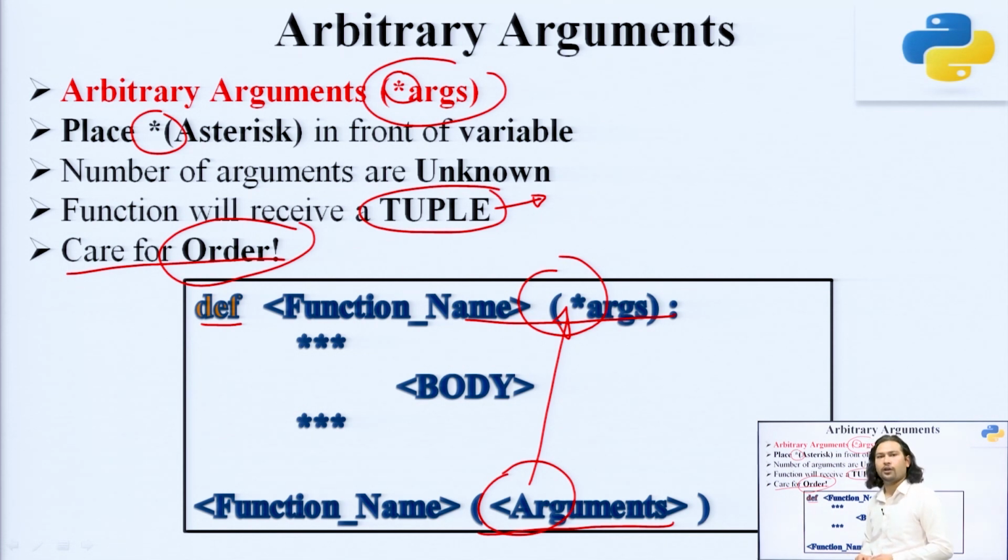Care for the order. That means whatever the order is coming from the calling statement to the definition of a function, that order is maintained, because the data type is tuple. Tuple is totally a fixed data type, or you can say a rigid data type. It cannot change any information from one order to another.